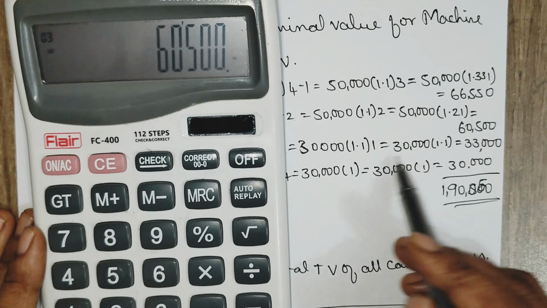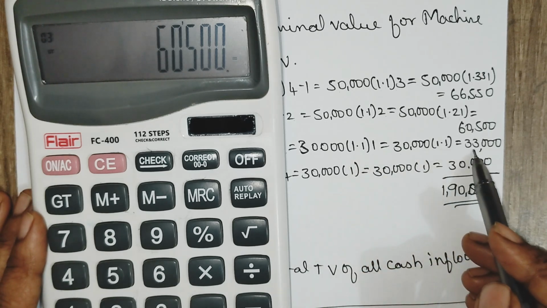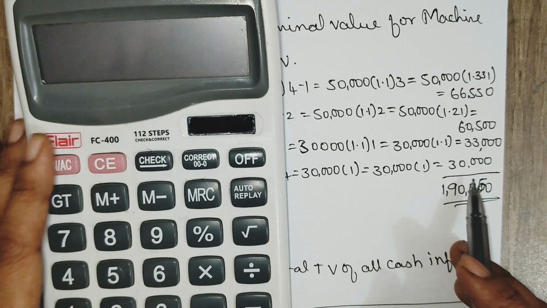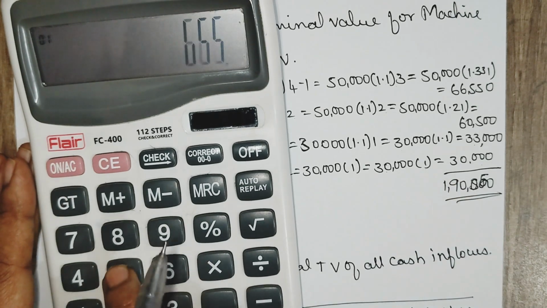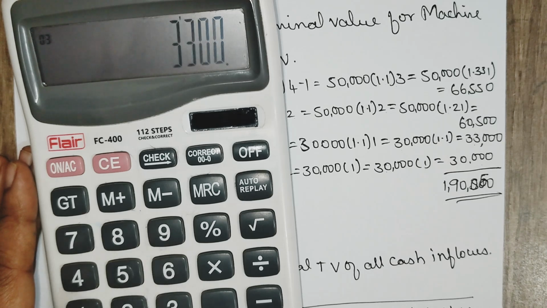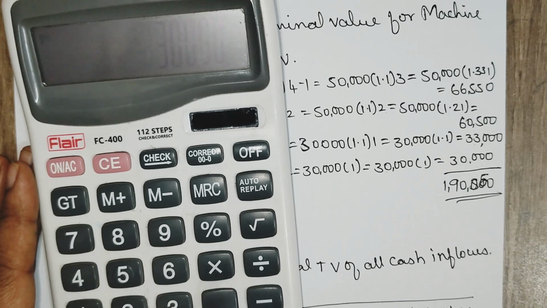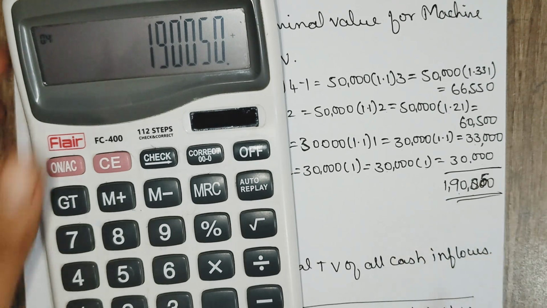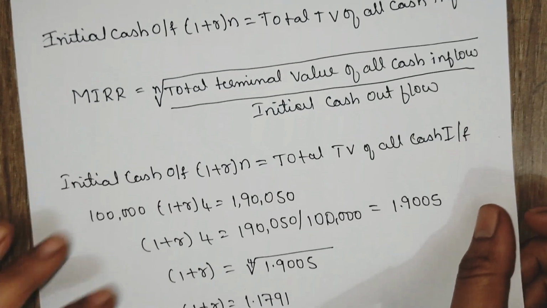Then 30,000 into 1.1 is 33,000. 30,000 into 1 is 30,000. The total is 66,550 plus 60,500 plus 33,000 plus 30,000, which is 1,90,050, the total terminal value.